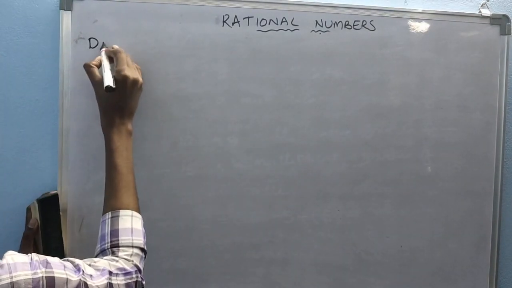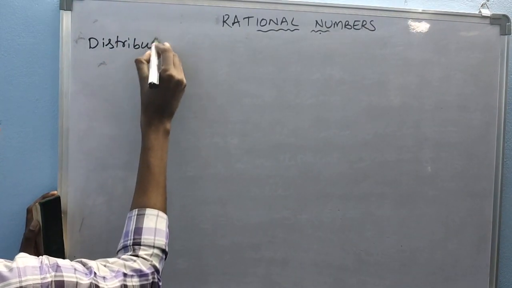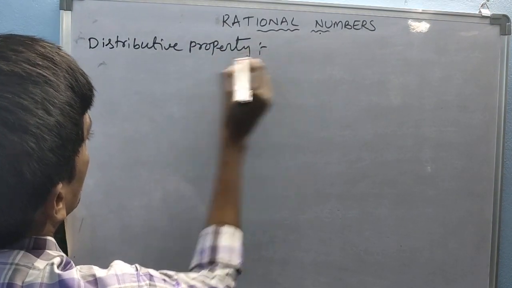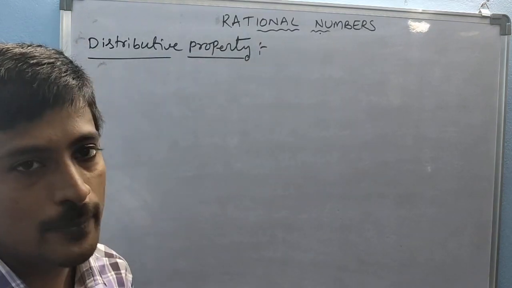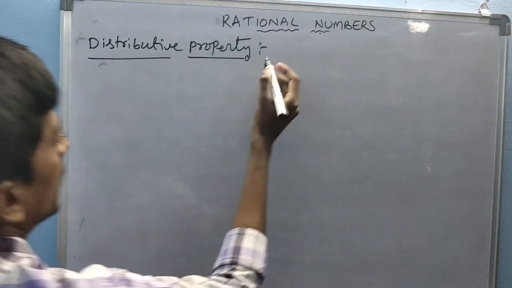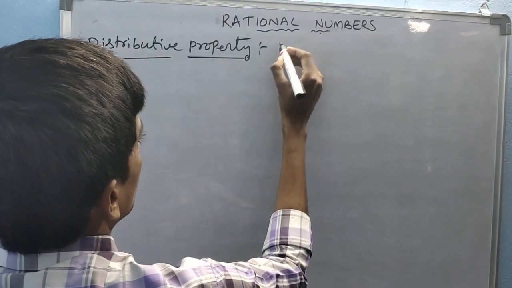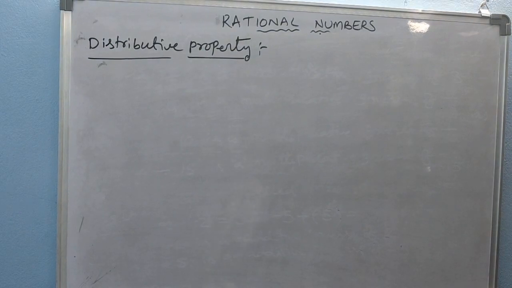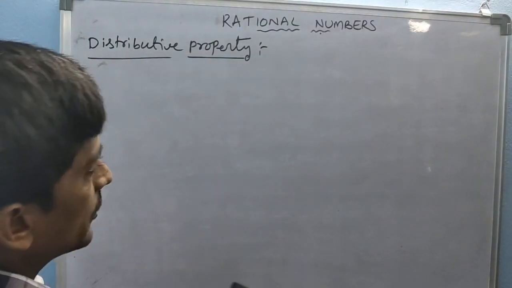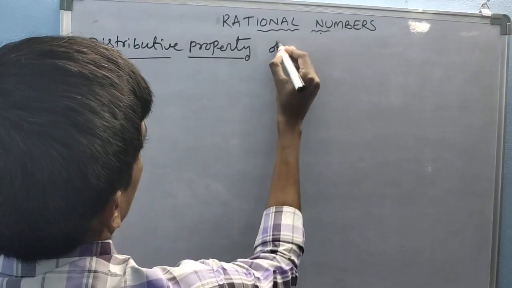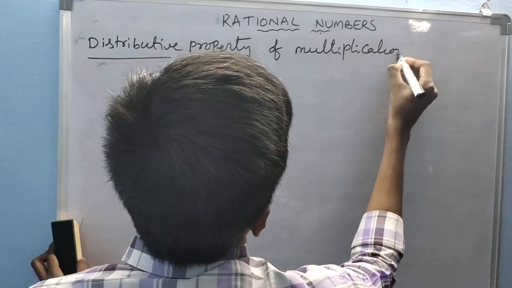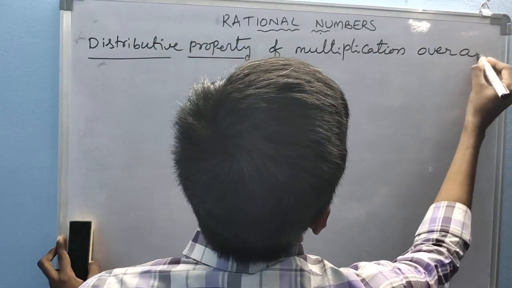The next one is the distributive property. What is the distributive property? It is the property of multiplication over addition.